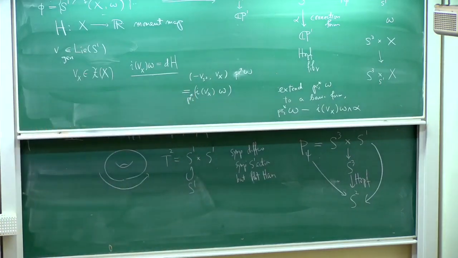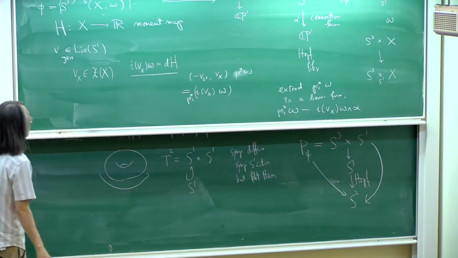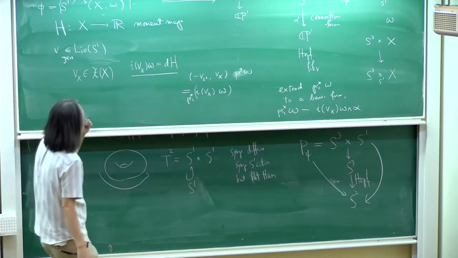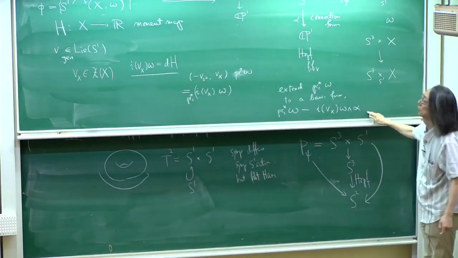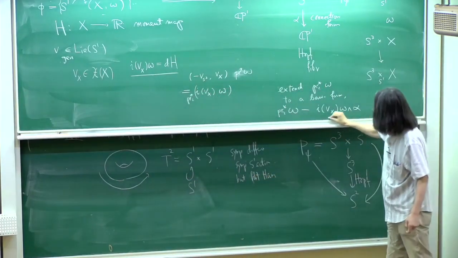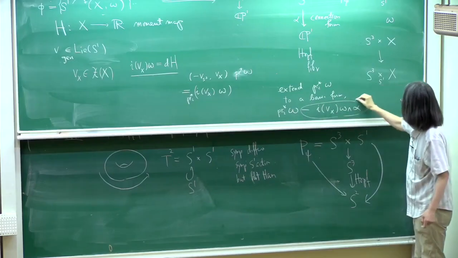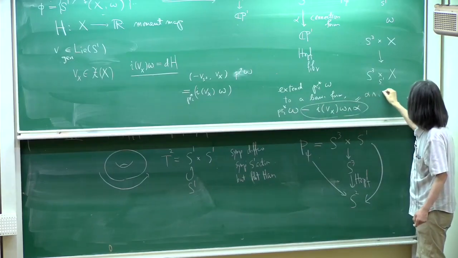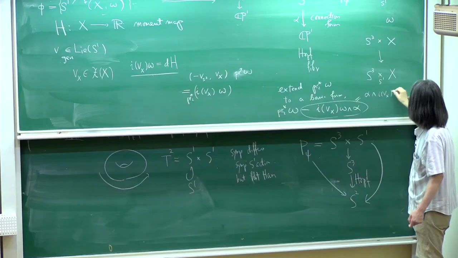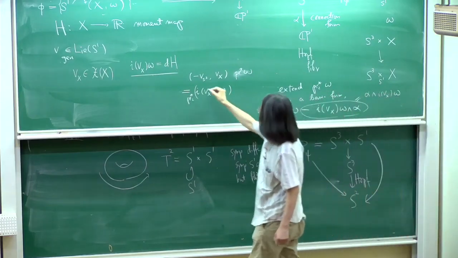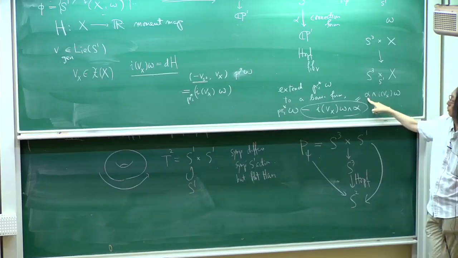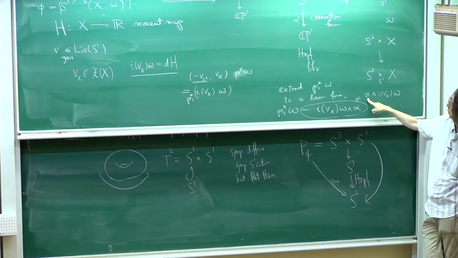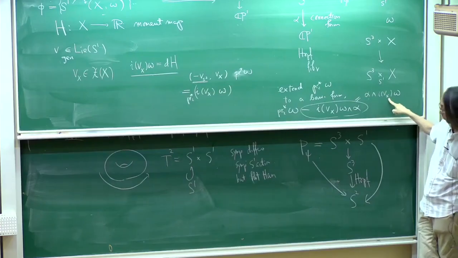Okay, so I want to kill this by this. And so this term is certainly equal to alpha with i Vx of omega, right? So if I plug this into this, the connection form actually gives me -1, right? And then this one, okay?